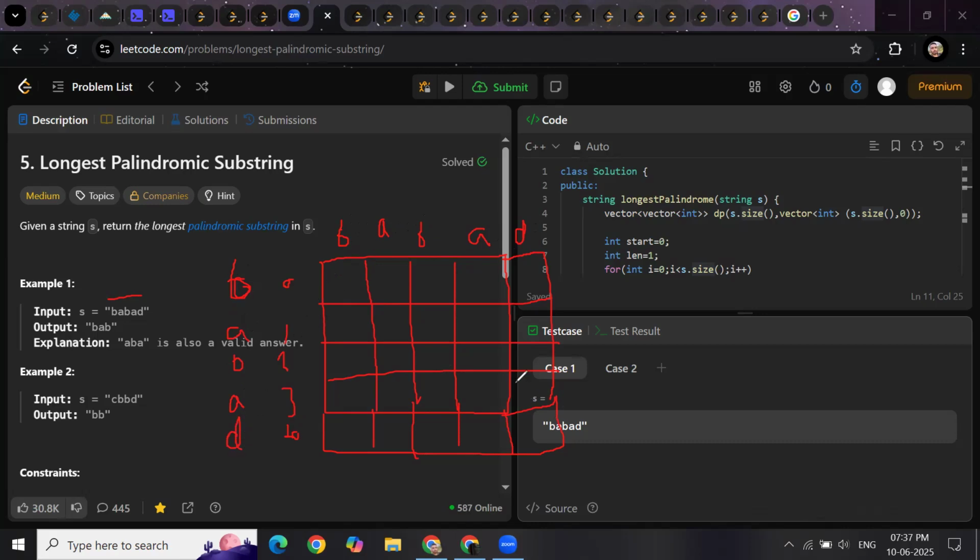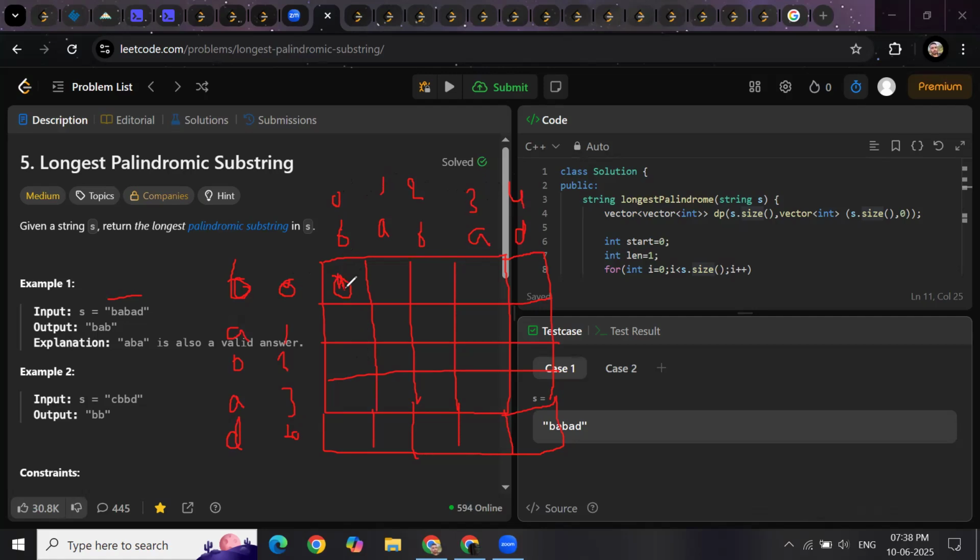So how is this matrix representing the string? This cell, which is 0, 0, means it is representing a string that is starting from 0 and ending at 0. Let's mark the index here also: 0, 1, 2, 3, and 4.